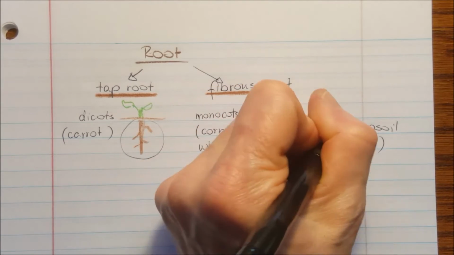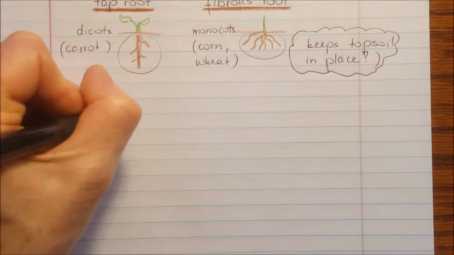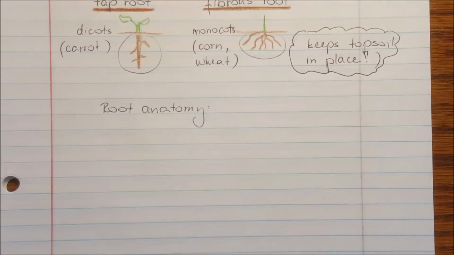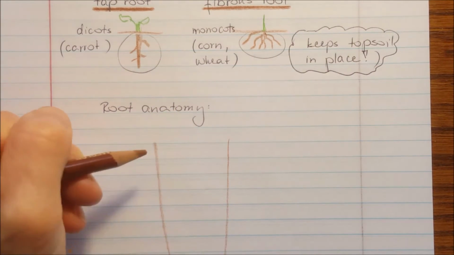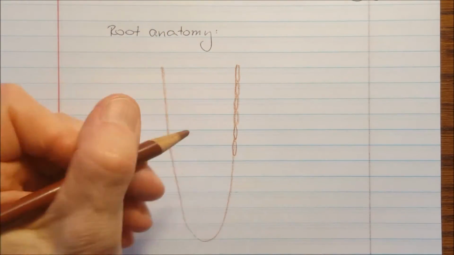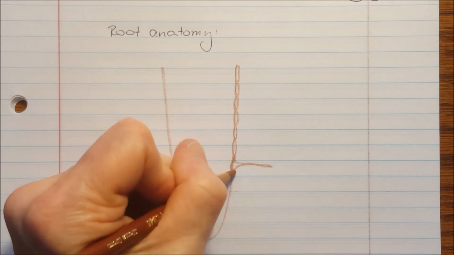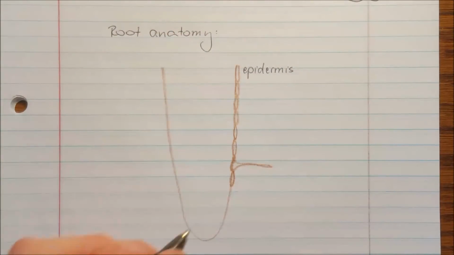The root anatomy. So here is a big root, and the outer layer is called the epidermis. It performs a double function, protection and absorption.